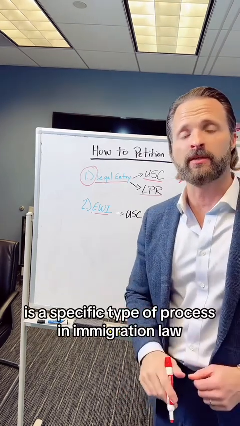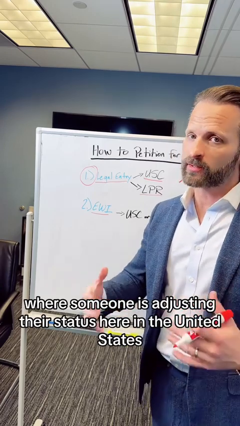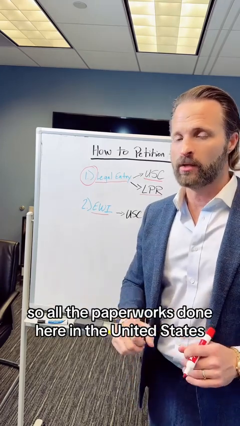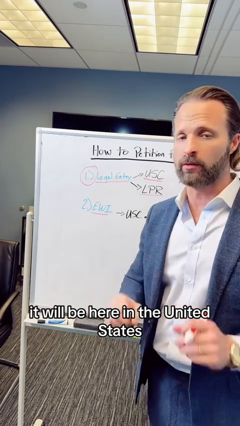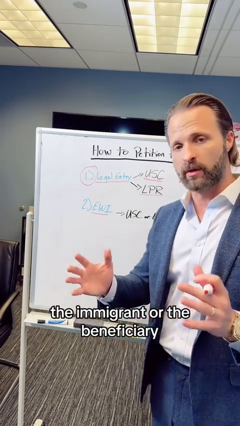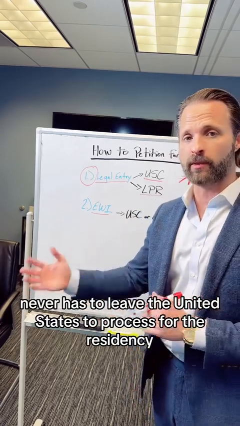That is a specific type of process in immigration law where someone is adjusting their status here in the United States. So all the paperwork's done here in the United States. If there is an interview, it will be here in the United States. The immigrant, or the beneficiary, as they're called, never has to leave the United States to process for their residency.